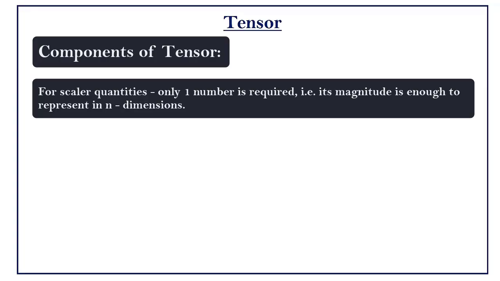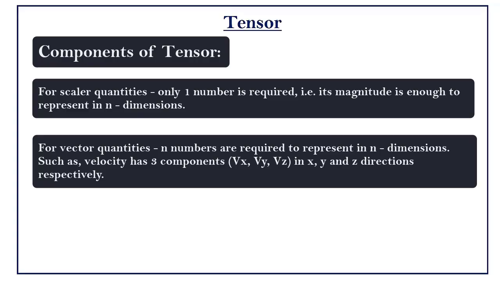For a vector quantity, you require n numbers to present it in an n-dimensional system, and these n numbers are the components of that vector quantity. For example, velocity is a vector quantity and it has three components, Vx, Vy and Vz, in a three-dimensional system such as x, y and z.